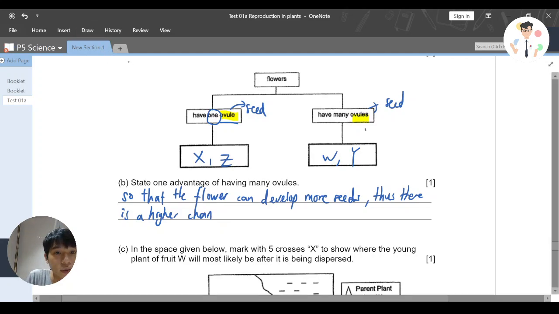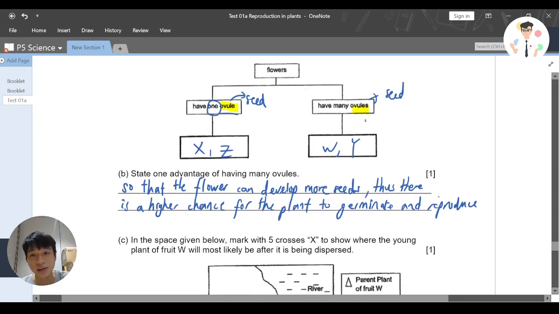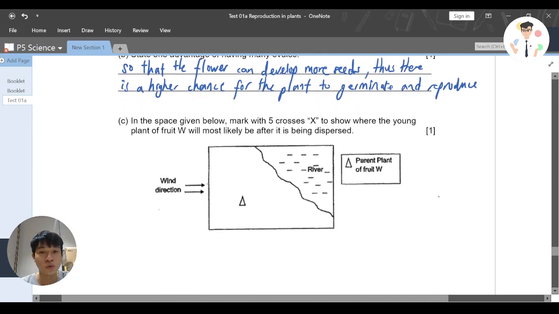Higher chance for the plant to germinate. Then later when they grow, then you reproduce. So basically you have more children, your next generation will be more, okay? Higher chance, okay? So let's move on to C.